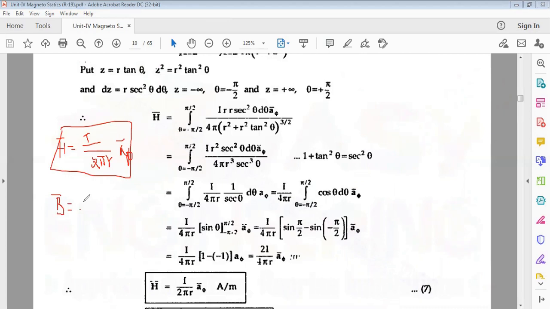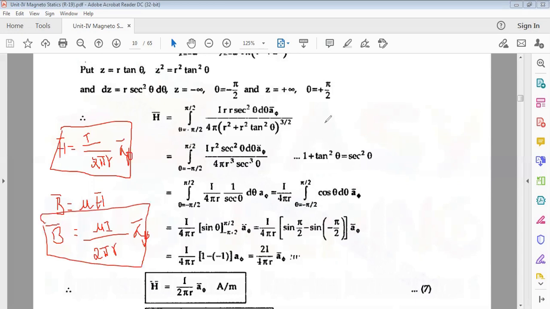The magnetic flux density B bar is equal to mu into H bar. So mu I by 2 pi r into a phi bar.